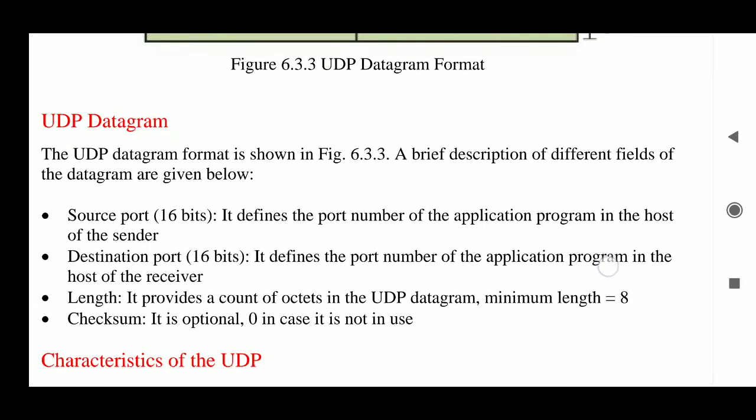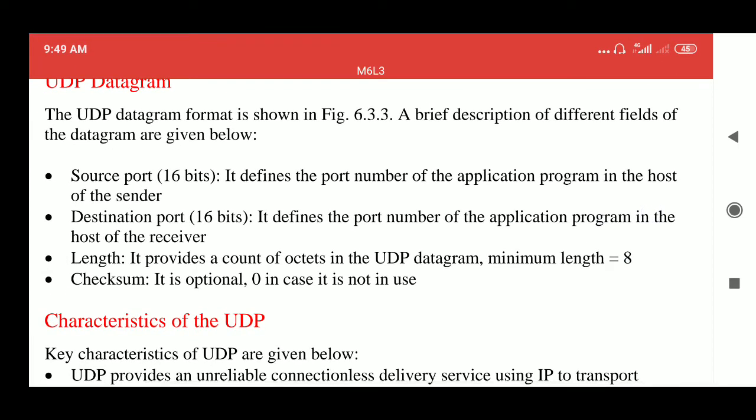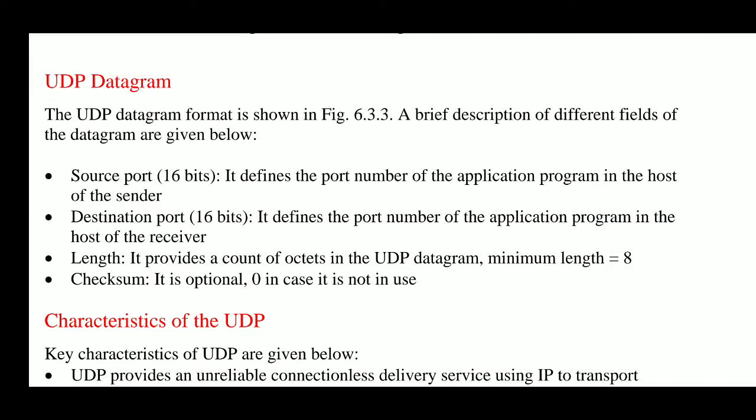The source port defines the port number of the application program in the host of the sender. Destination port defines the port number of the application program in the host of the receiver.